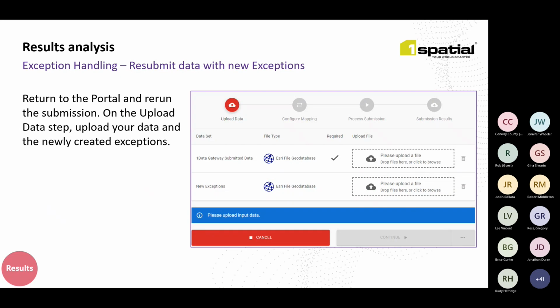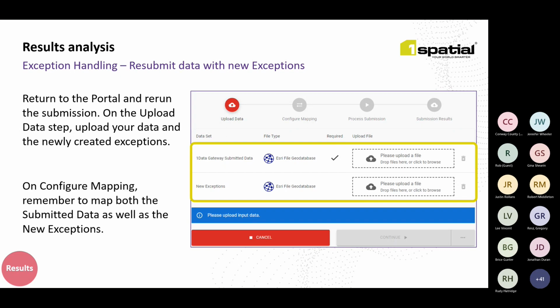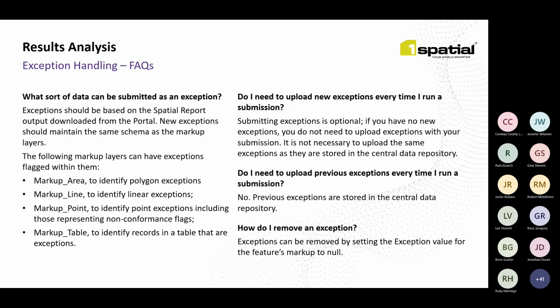And then you're going to remember on that configure mapping step, you will need to map both the submitted data as well as the new exceptions. Some frequently asked questions I've seen so far with our exception handling. What sort of data can be submitted?